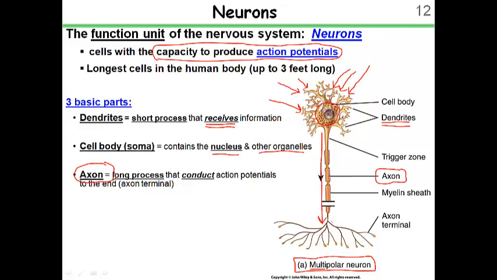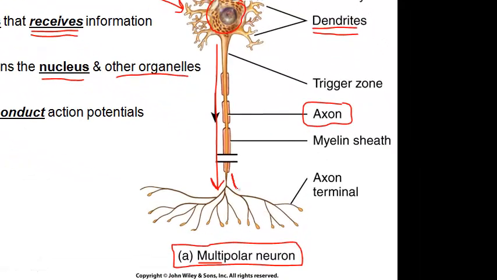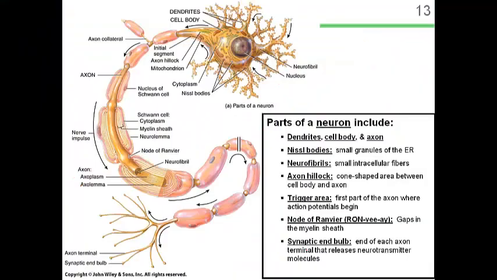Once the action potential travels down the axon, there are end bulbs, which should sound familiar, that release neurotransmitters. Neurotransmitter would be coming out of all these little tiny end bulbs. This could be a somatic motor neuron, where these neurotransmitters are acetylcholine. So those are the three basic parts to a neuron.